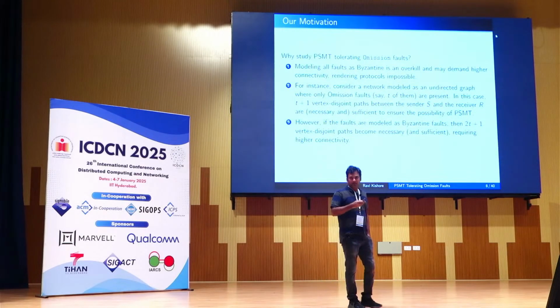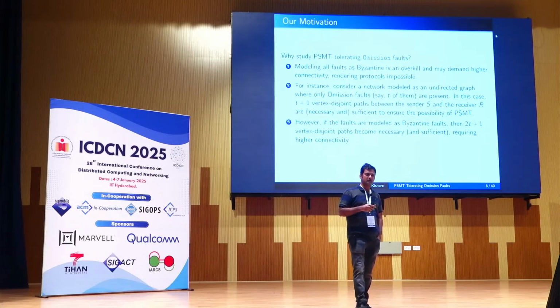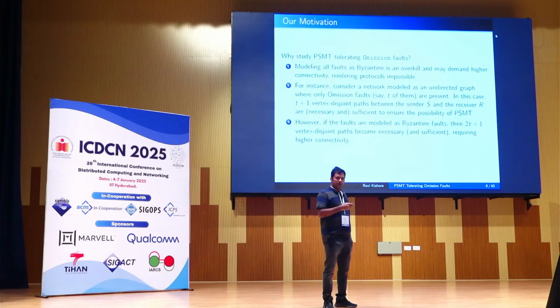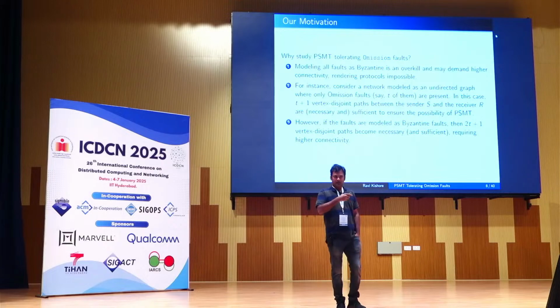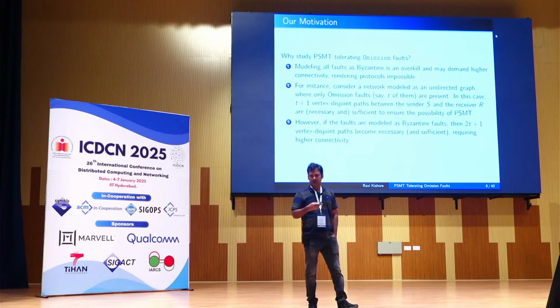And why do we want to study PSMT specifically tolerating omission faults? If you assume that every fault is a Byzantine fault, that is much more powerful. The adversary can deviate from the protocol code as well if the node is corrupted in Byzantine fashion.